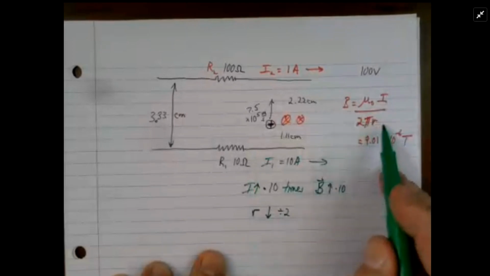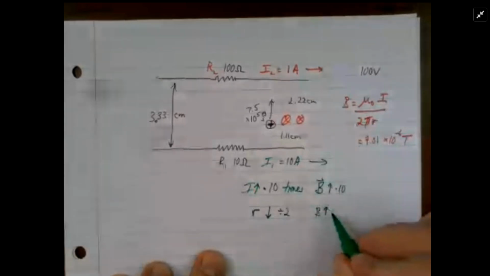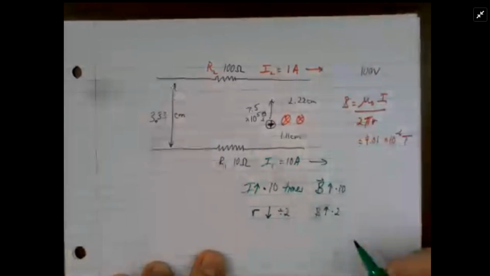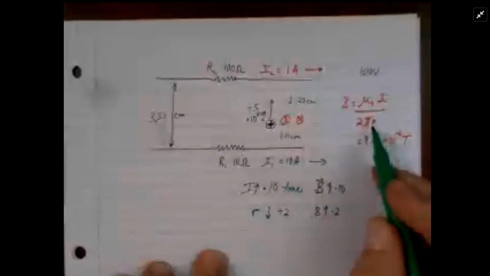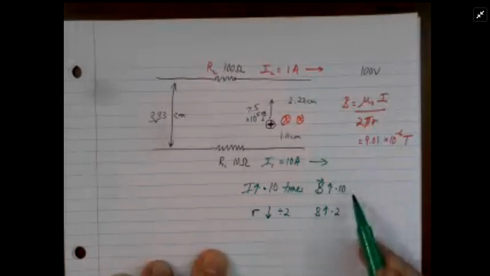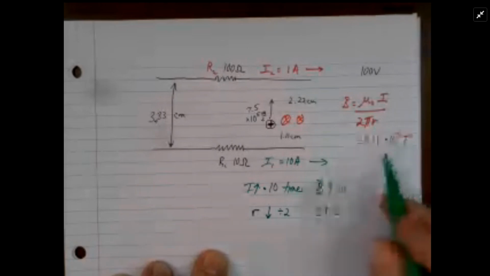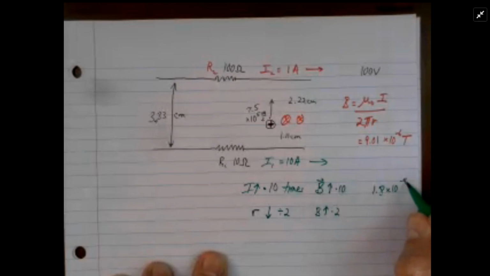But because the radius is in the bottom of this formula, that's going to cause the magnetic field to go up times 2. The magnetic field is directly proportional to the current, so whatever happens to the current happens to the magnetic field. It's inversely proportional to the radius, so the radius goes down by a factor, the magnetic field goes up by the same factor. Anyway, so this ends up being 20 times the strength of that, which comes out to be 1.8 times 10 to the minus 4th Teslas.